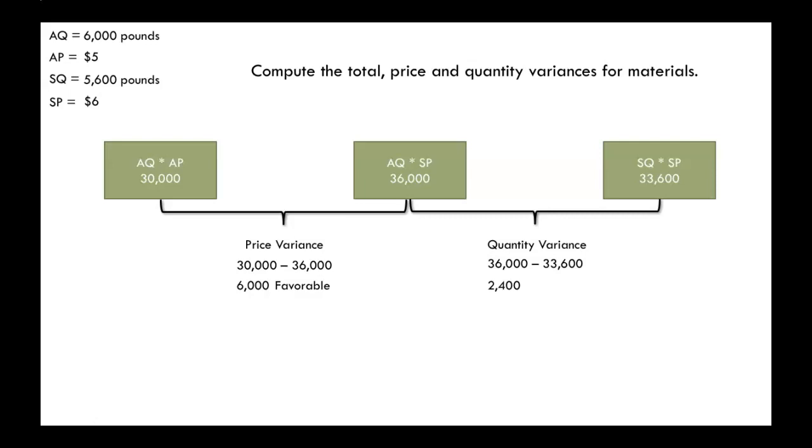Well, our actual quantity was 6,000 pounds. We expected to only have to use 5,600. So we used more than what we thought we were going to have to. And that makes the quantity variance unfavorable.